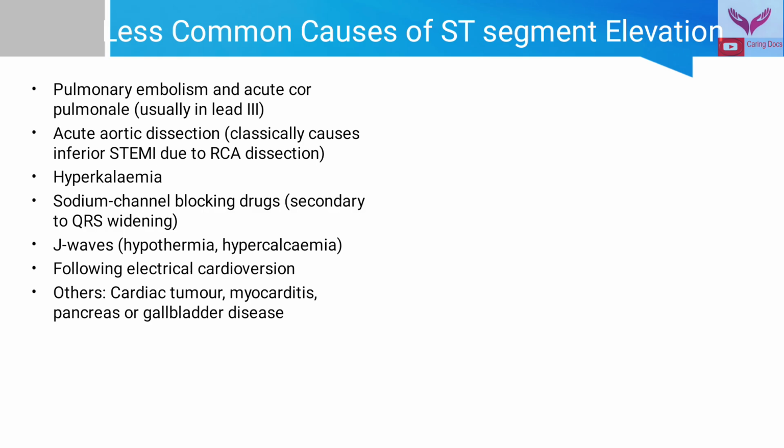Patients with hyperkalemia, sodium channel blocking drugs, that is secondary to QRS widening, J wave seen in hypothermia, hypercalcemia, following electrical cardioversion. The other conditions like cardiac tumor, myocarditis, pancreas or gallbladder disease may at times show ST segment elevation.